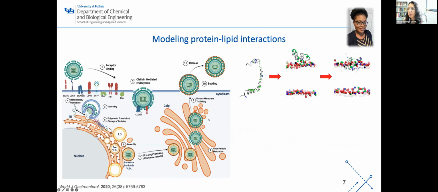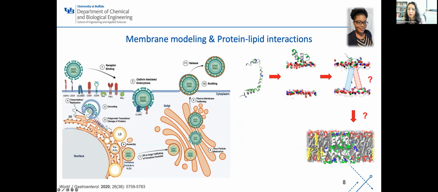What we're trying to do, and you can see a picture of the student doing this work in the top right, is understand how this protein, first of all, is interacting with the membrane, how it inserts in the membrane, and then how it oligomerizes to form the channel that is known to be the final conformation. As this channel is forming, you can imagine the lipids and other components in the cell membrane shifting and moving around.